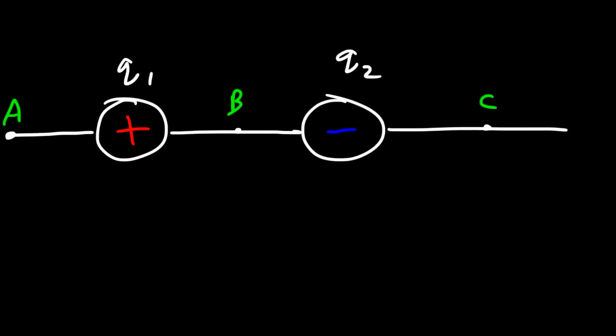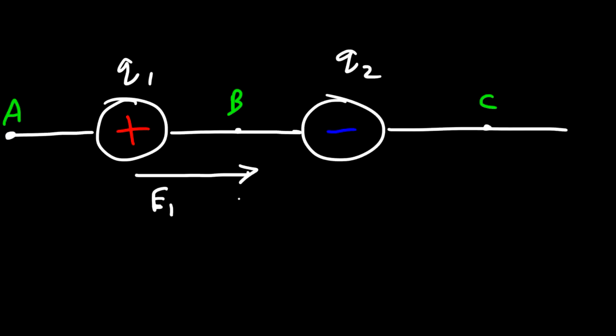Well, let's start with point B. So to determine the electric field exerted by Q1 at point B, draw a line from Q1 to point B. We'll call this E1 because it was created by Q1. Now, to draw the electric field vector created by Q2 at point B, remember, from a negative charge, the electric field created by it has to go towards the negative charge.